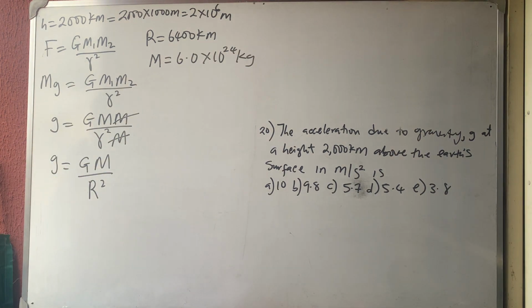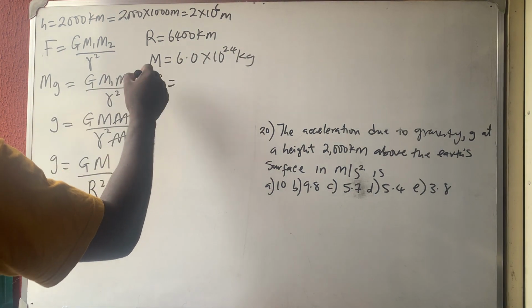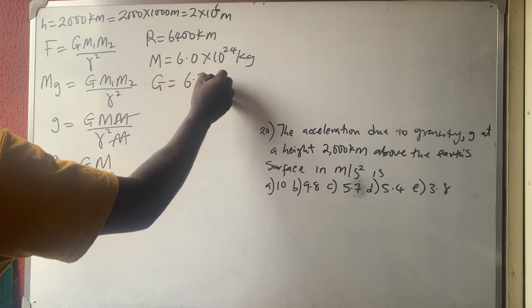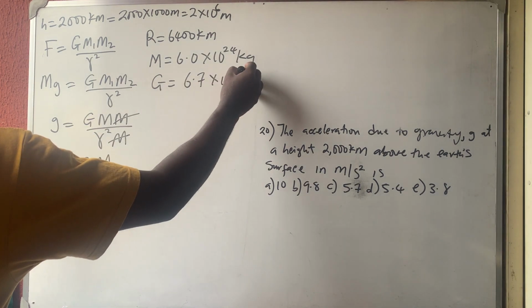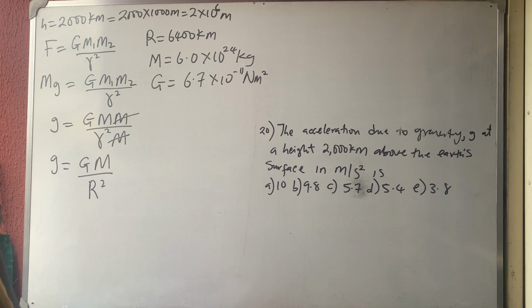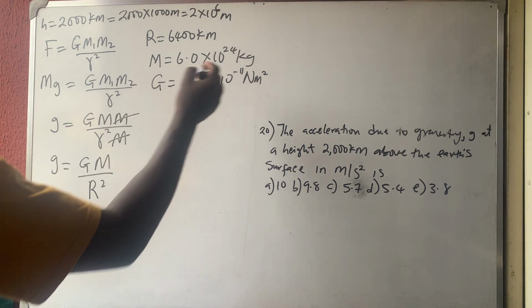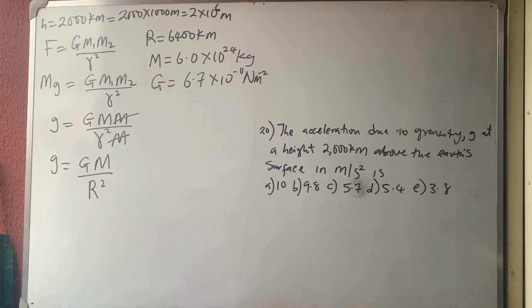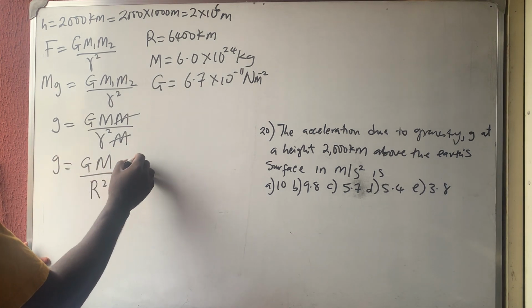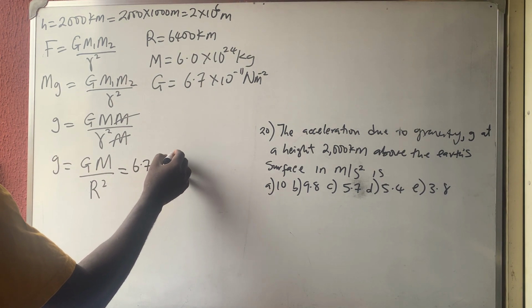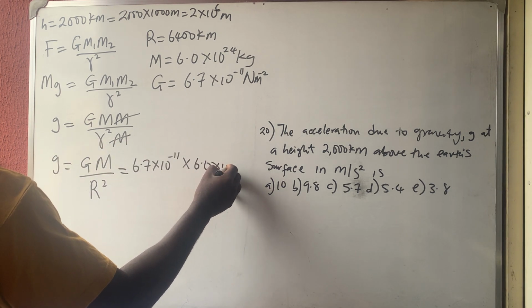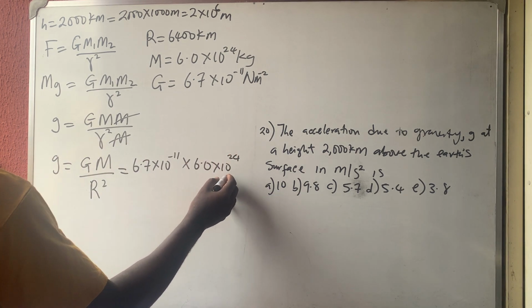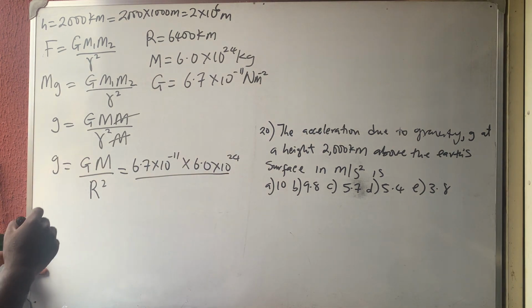Then the gravitational constant G is 6.7 times 10 raised power minus 11 Newton meter square per kilogram square. Is there another thing we are missing? No. So let us put it: 6.7 times 10 raised power minus 11 times my mass, 6.0 times 10 raised power 24, divided by R squared.